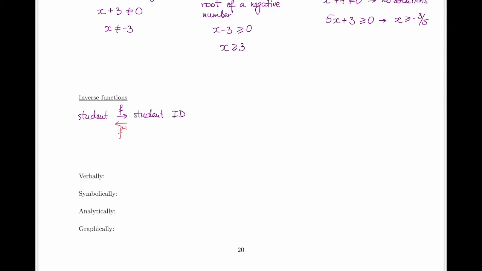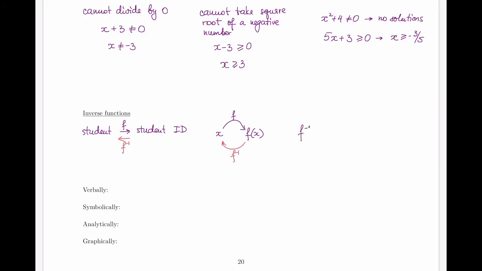In terms of a more pictorial representation, if I have some input x and I apply a function f to it, I'm going to have an output f of x. If I apply the inverse function, it's going to take me back to the original. We write f to the power of minus 1. And this represents the inverse function, not the reciprocal function.